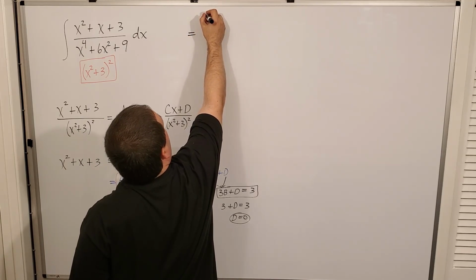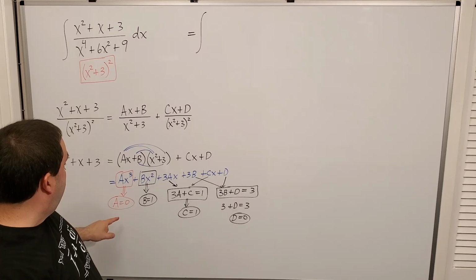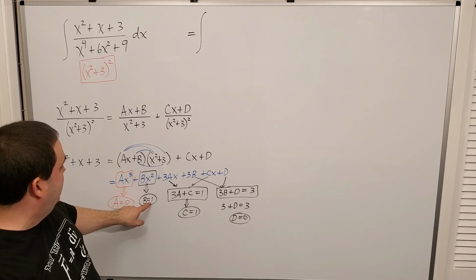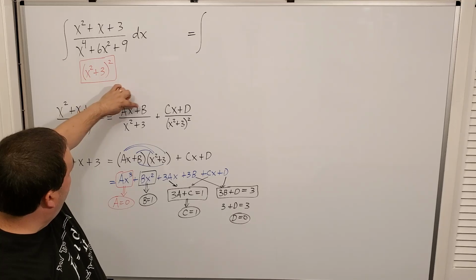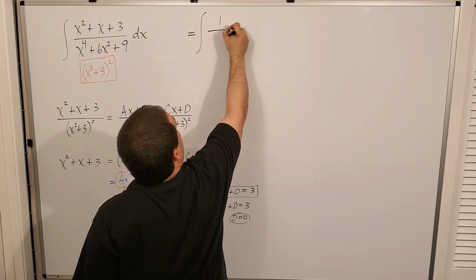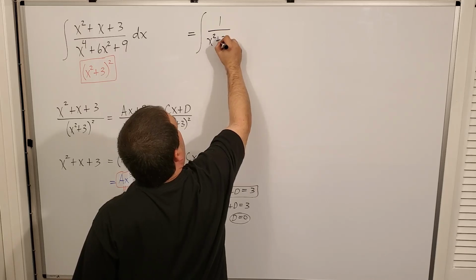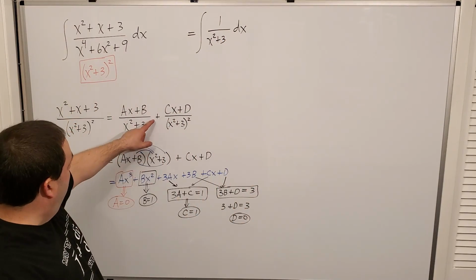So this should be equal to the integral of ax plus b. Well, a is 0 and b is 1. So 0 plus 1 is just 1 over x squared plus 3. And I'll go ahead and just put the dx and move on and split them up here.